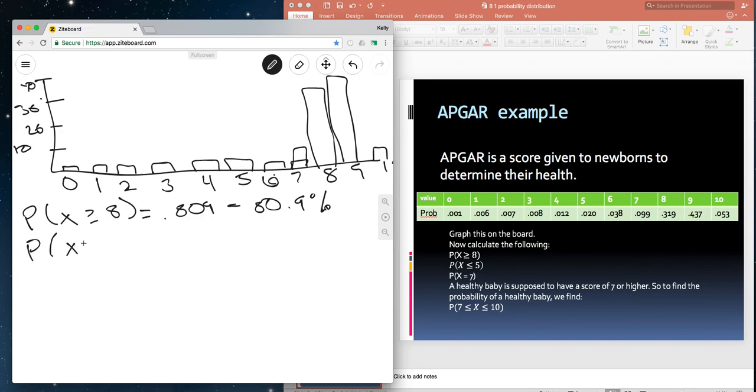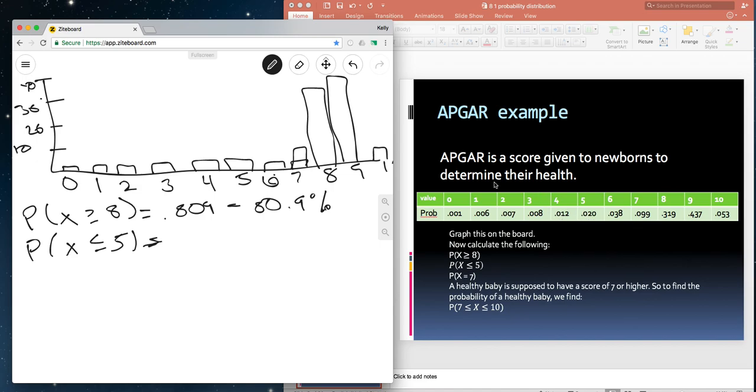Alright, a probability of X being less than or equal to 5, these are not so healthy babies. We have to find 5, and the bar is under it, so it means count 5. And we're going to add everything basically from 0 to 5 underneath. So the 0.001, the 0.006, 0.007, 0.008, 0.012, and 0.020.